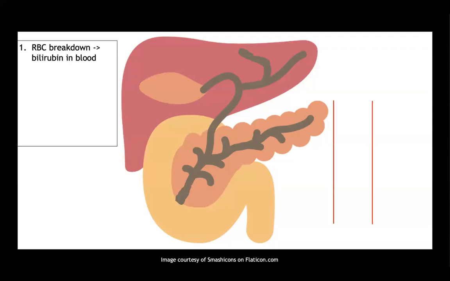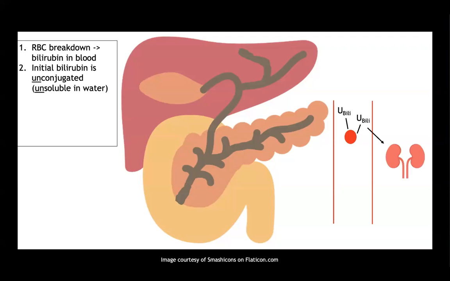And when RBCs break down, they produce unconjugated bilirubin. And that unconjugated bilirubin is water insoluble. So if that unconjugated bilirubin tried to escape through the kidneys, they would just spit it back out because they wouldn't be able to filter that insoluble item.